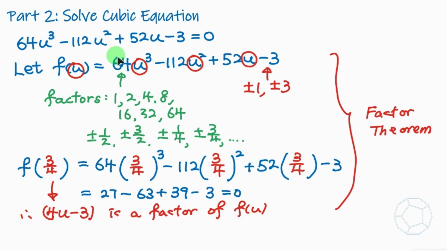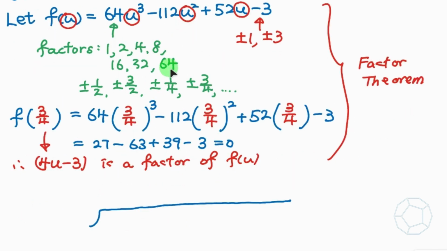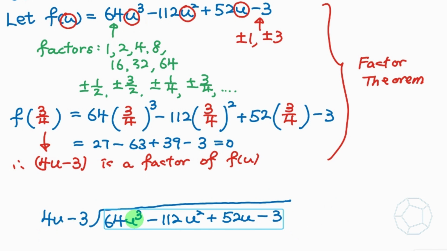Next, we're going to divide this cubic polynomial by this linear factor to obtain a quadratic one. Just like division of numbers, we copy this cubic polynomial as the dividend and the linear factor as the divisor, like this. Next, let's look at the first terms, 64u cubed and 4u.